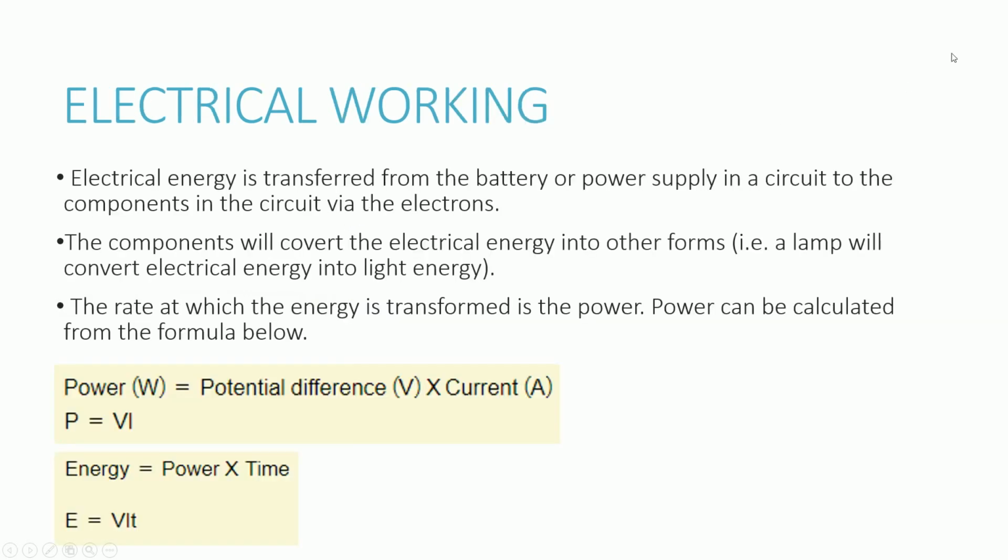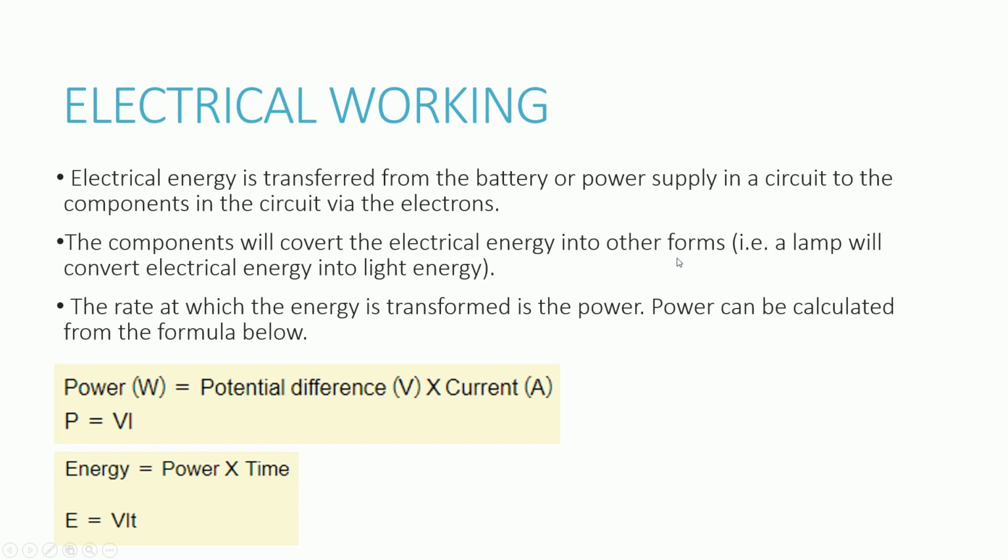And finally, what we'll be looking at is electrical working. Electrical energy, as we described before, is transferred from the battery or power supply in a circuit to the components in the circuit through electrons. So charge gains energy from the supply, and components, in turn, convert the electrical energy from the charge into other forms.